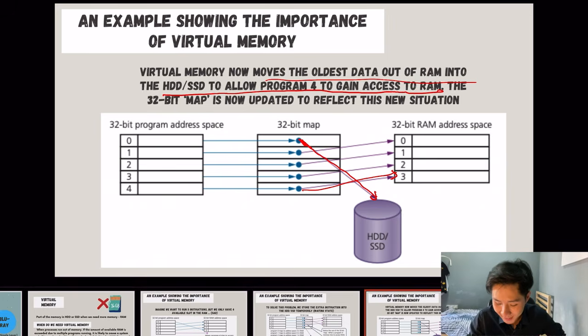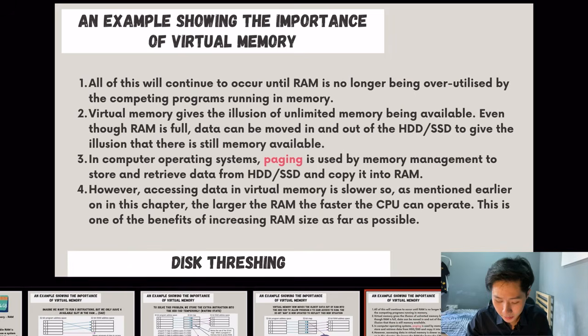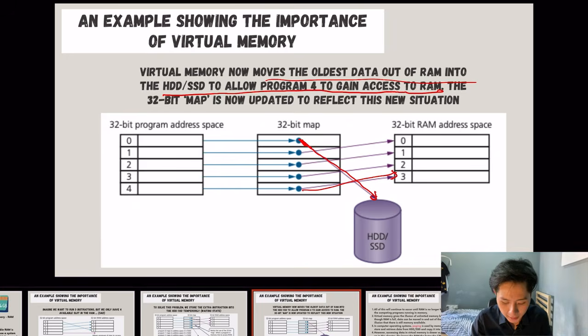And this exchange keeps happening to make you feel like you have unlimited RAM in your computer. That's the essence of it. I won't read this, but here's another term called the disk thrashing problem, which means that if the computer just keeps moving instructions around without doing anything, this would make your computer very slow.